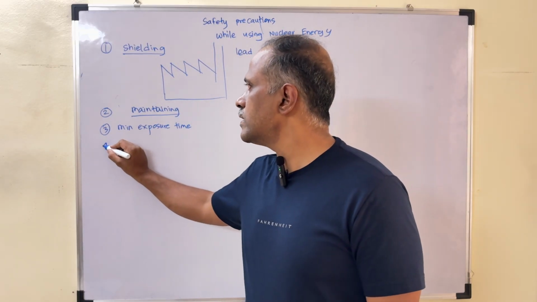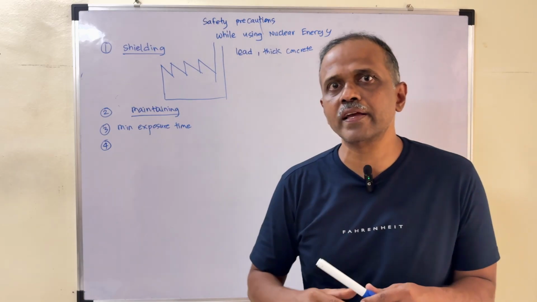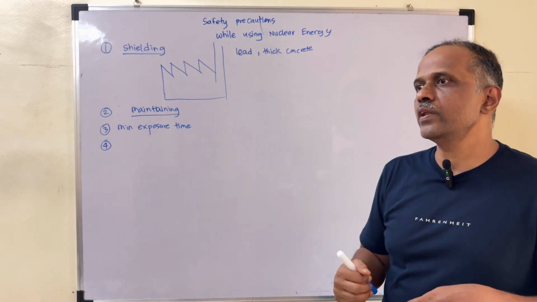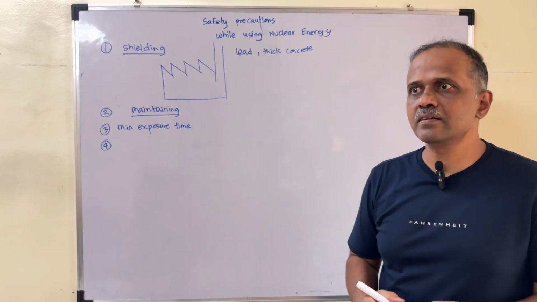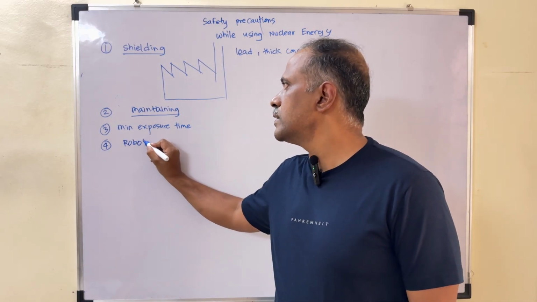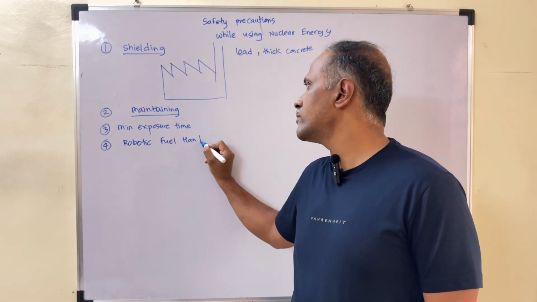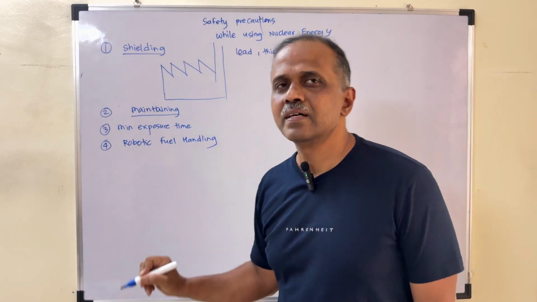Now the fourth thing is, certain operators who are working in a nuclear power plant have to go in order to handle the fuel, and that is normally okay. By the way, the fuel handling is robotic in nature, that is, robotic fuel handling. There is no manual intervention, so this is minimal.